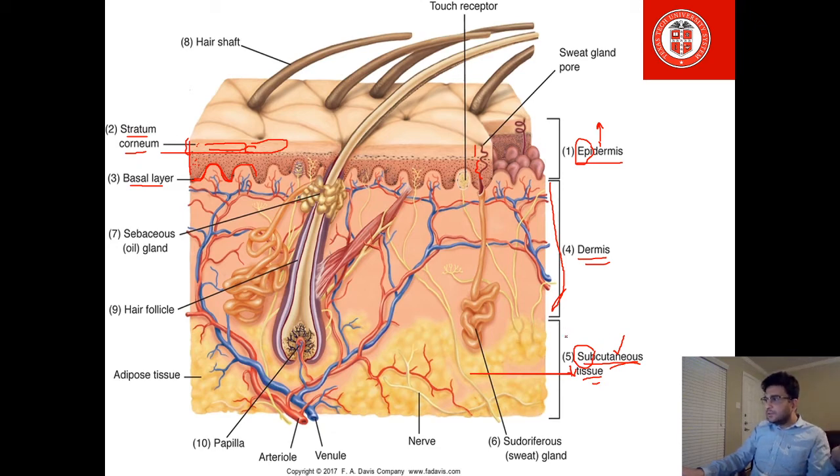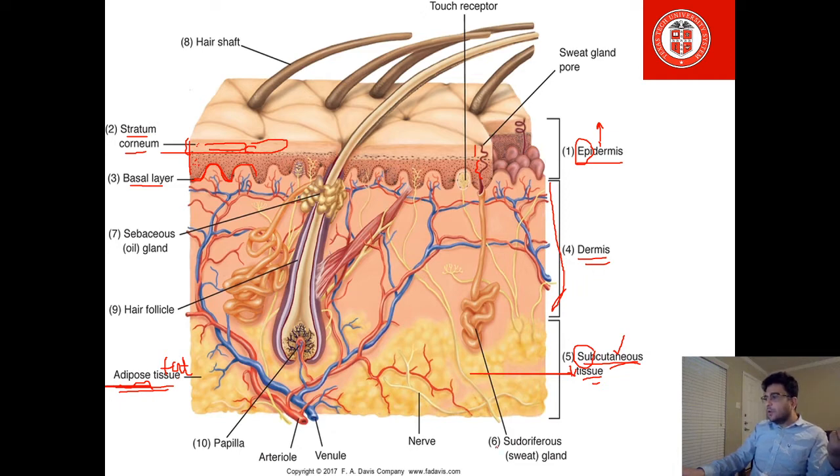This tissue is below the dermis, that is why it's subcutaneous. And to be specific, tissue is a combination of cells. In this case, this tissue is adipose tissue because it is made up of fat cells. So this subcutaneous tissue is made up of fat tissue.